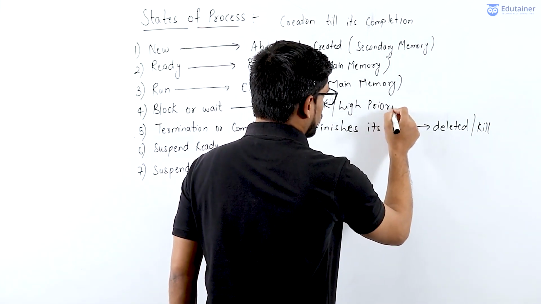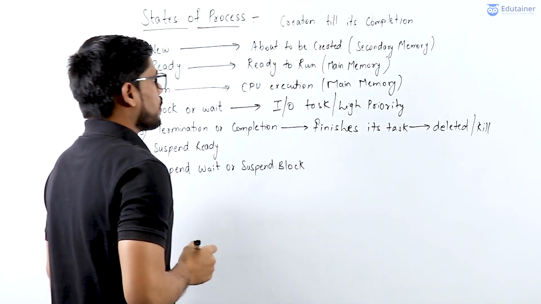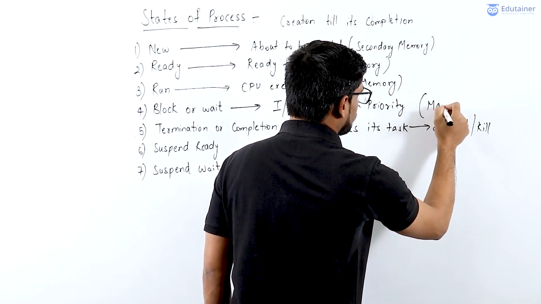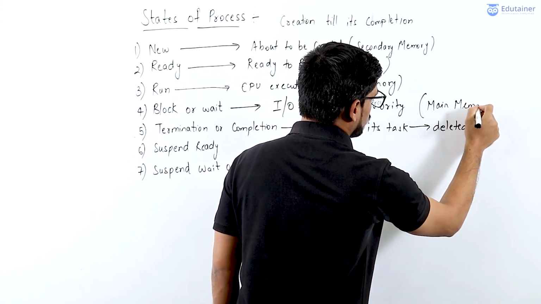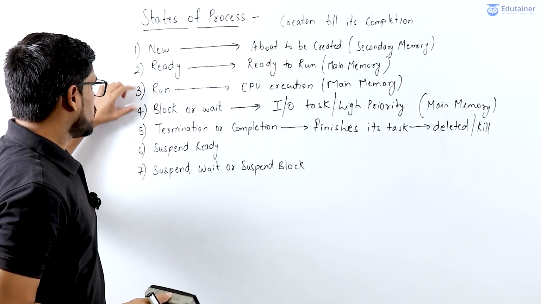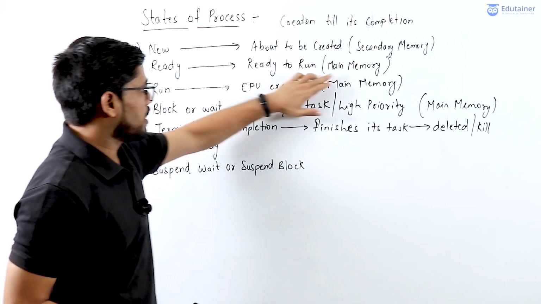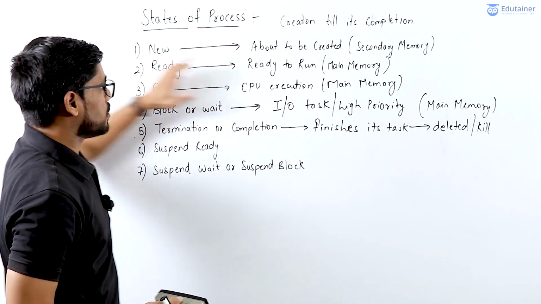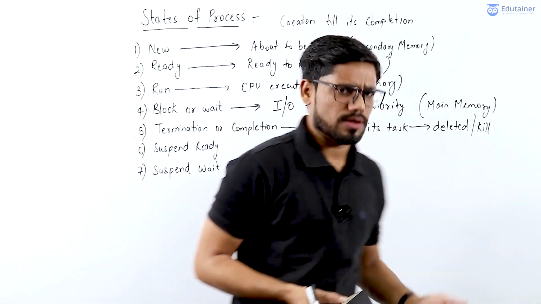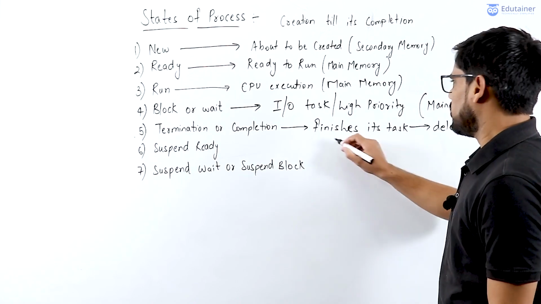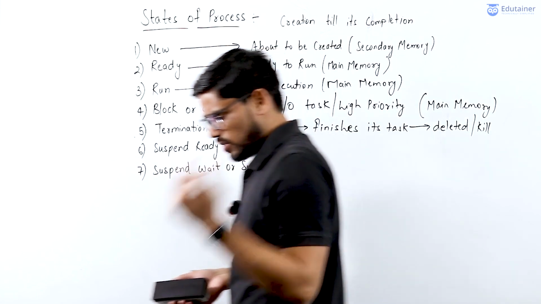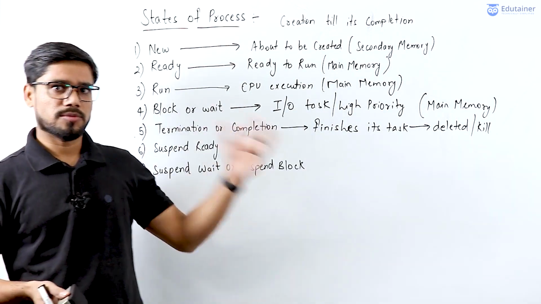Okay, and the block or wait state is also present in main memory. So you got it, the ready state, run state and block or wait state generally reside in main memory, but the new state resides in secondary memory, and termination is also in primary memory, but termination generally means it finishes its task. So no need to visualize the termination state in terms of memory.